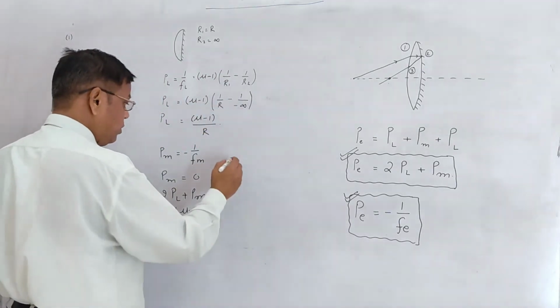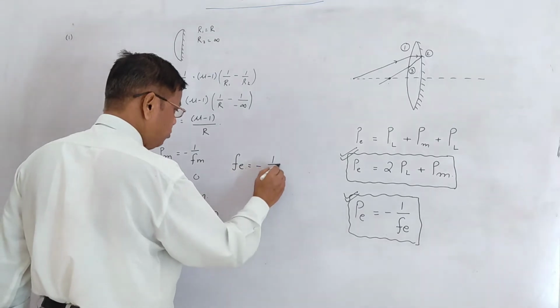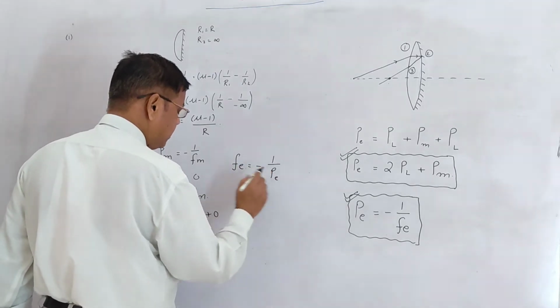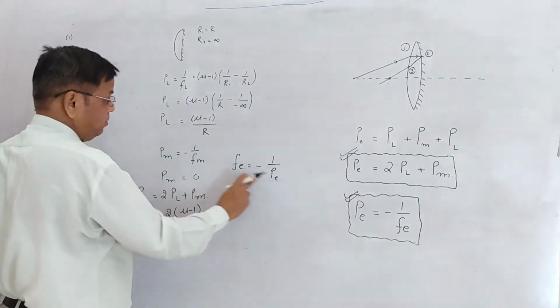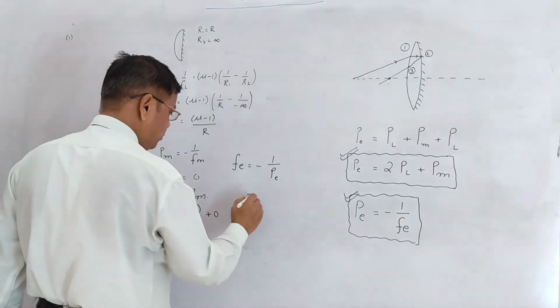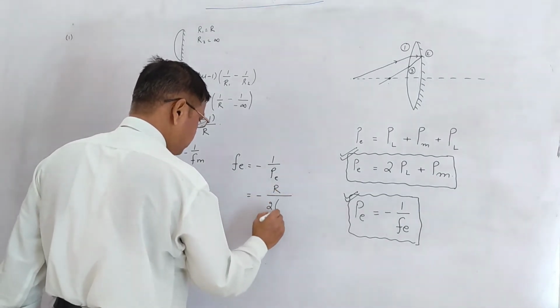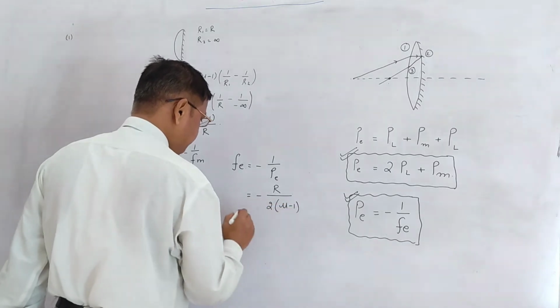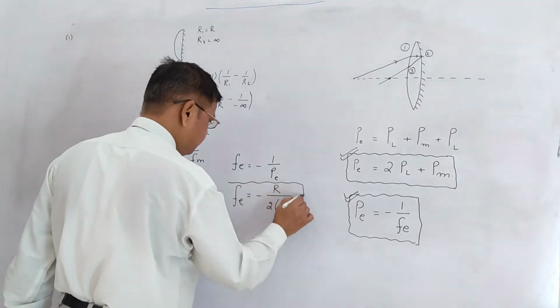The effective focal length will be minus 1 upon P effective, because the whole system will behave like a mirror. So you have to use the mirror formula finally to get the effective focal length. So it is minus R divided by 2(mu minus 1). So this is the effective focal length.